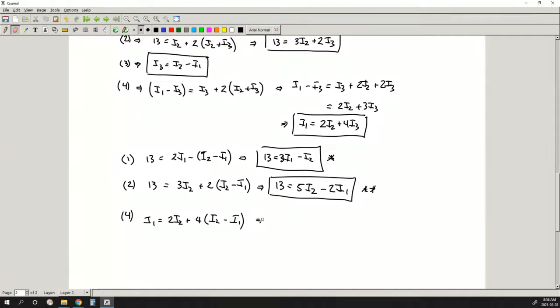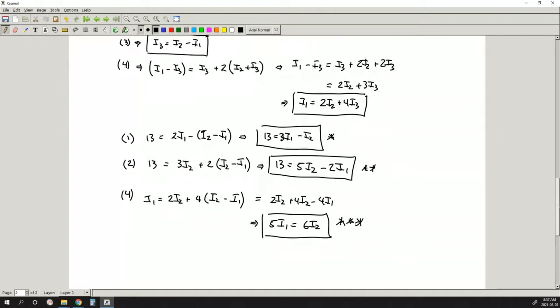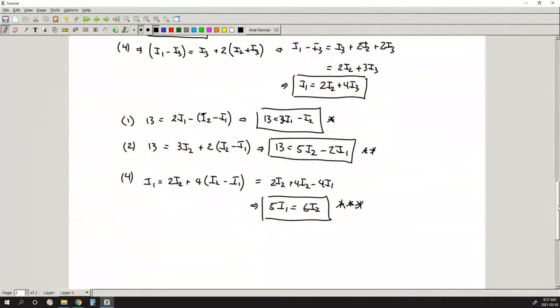We're going to end up with this equal to 2I2 plus 4I2 minus 4I1. We'll shift all the I1s to one side, and so we'll end up with 5I1 equals 6I2. Okay, and that we'll call equation triple star. So we have these three equations. That's all we have left. We have 3 equations in 2 unknowns.